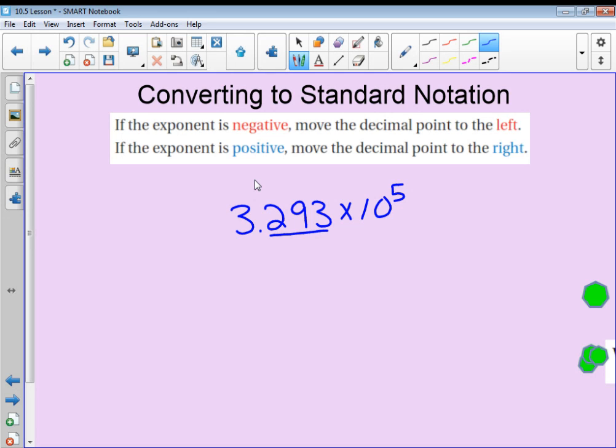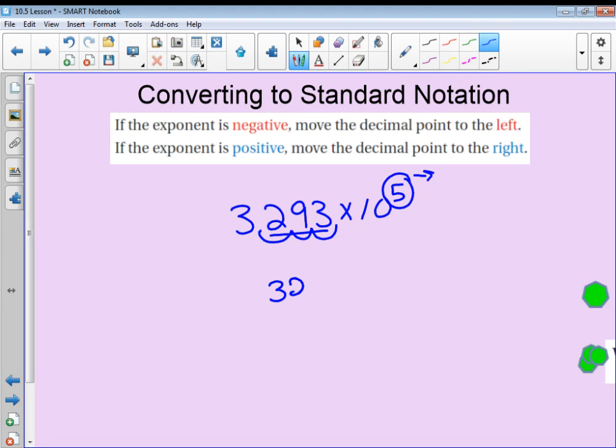This is actually used in science to show really large or small distances. In the solar system, for example, they would use scientific notation. So we have to move 5 places in the positive direction, so to the right. I'm not going to add 5 zeros, and I'm not going to add 4 zeros, but I'm going to go 1, 2, 3. I need 2 more places, so I'm going to end up adding 2 zeros to this.